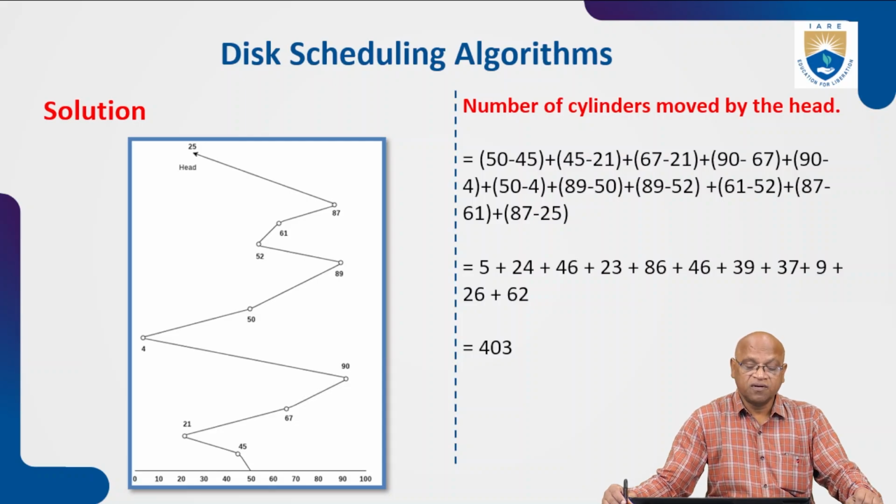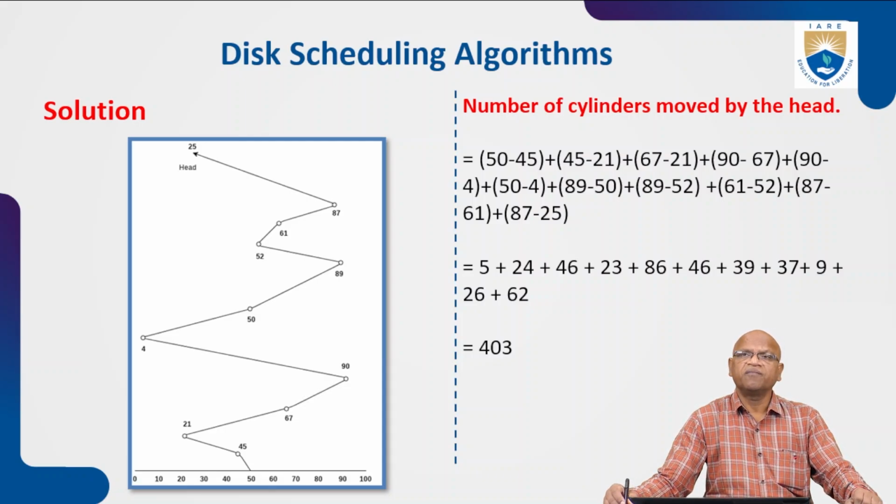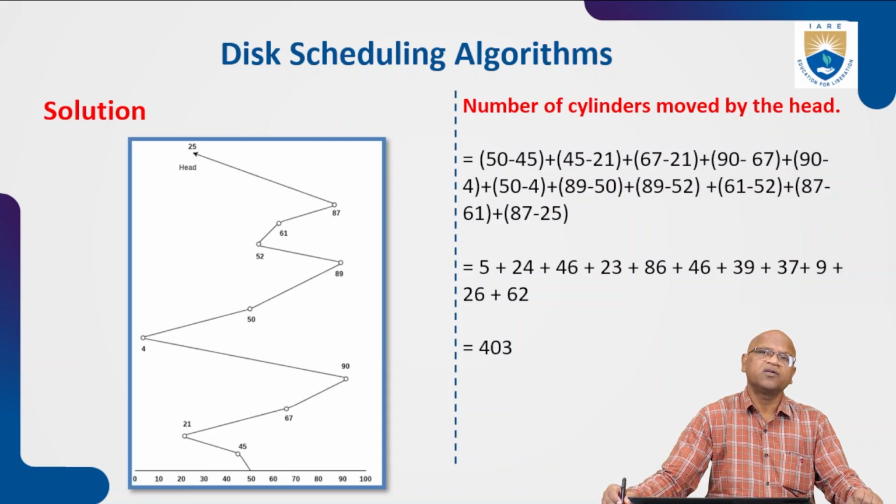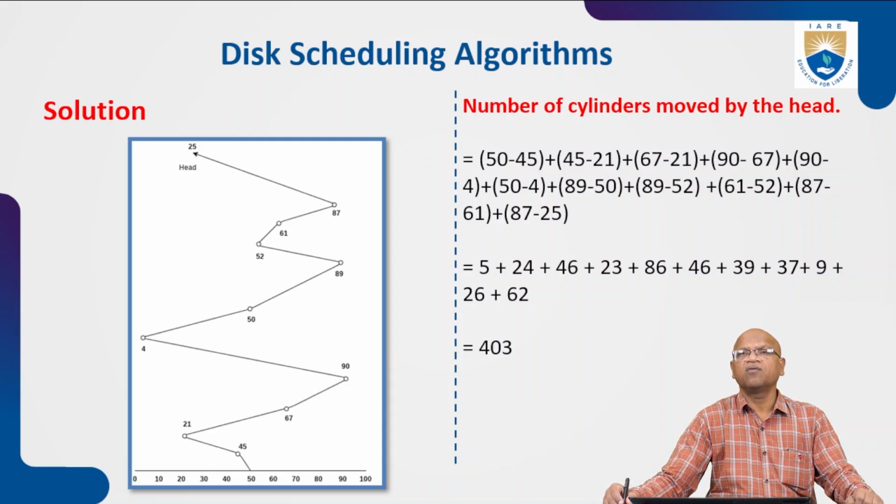Then it moved to 67, 67 minus 21. From there it moved to 90, so 90 minus 67. Then it moved from 90 to 4, so 90 minus 4.